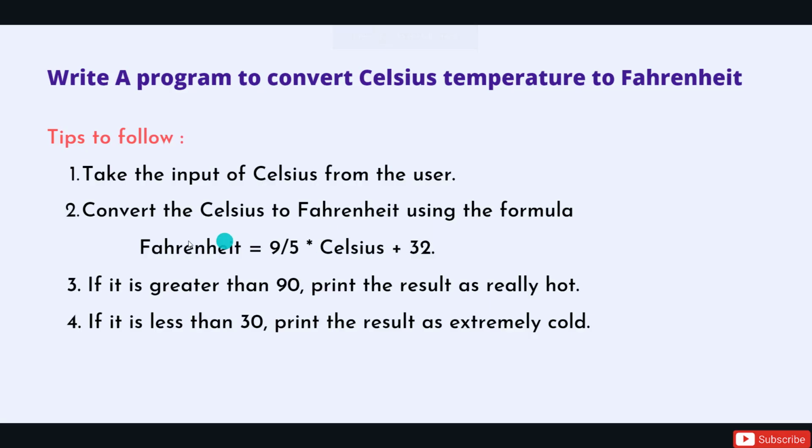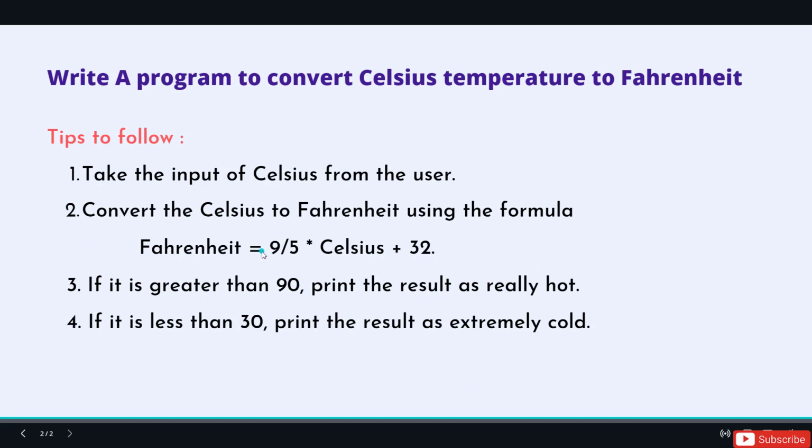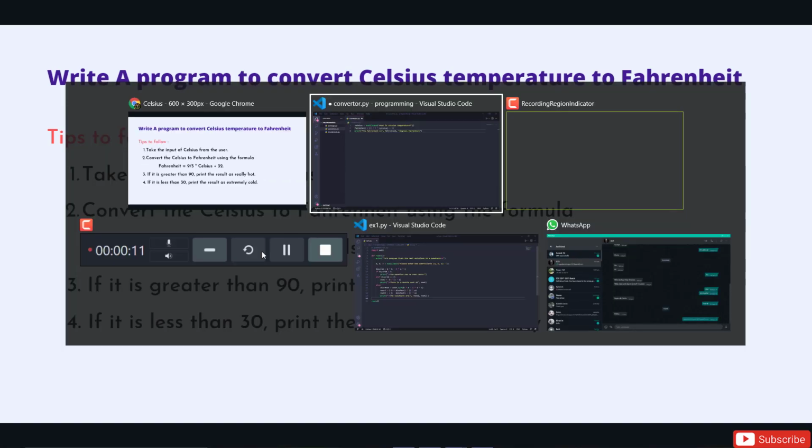We are done. If the Fahrenheit, the output that we got, is greater than 90, we have to print the result as it is really hot. So let's print it.